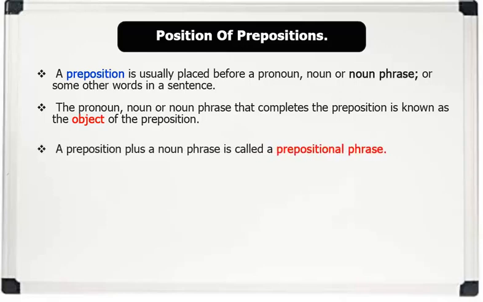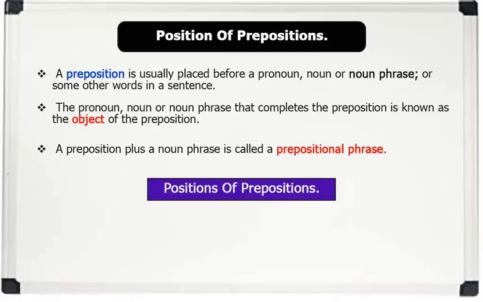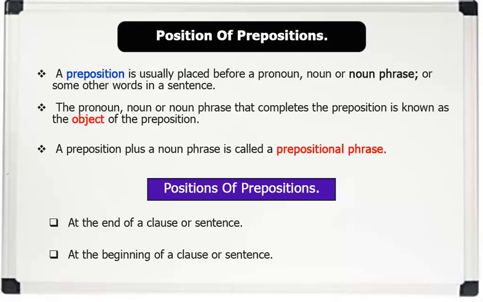A preposition plus a noun phrase is called a prepositional phrase. Positions of prepositions. 1. At the end of a clause or sentence. 2. At the beginning of a clause or sentence. Let's go over to prepositions at the end of a clause or sentence.